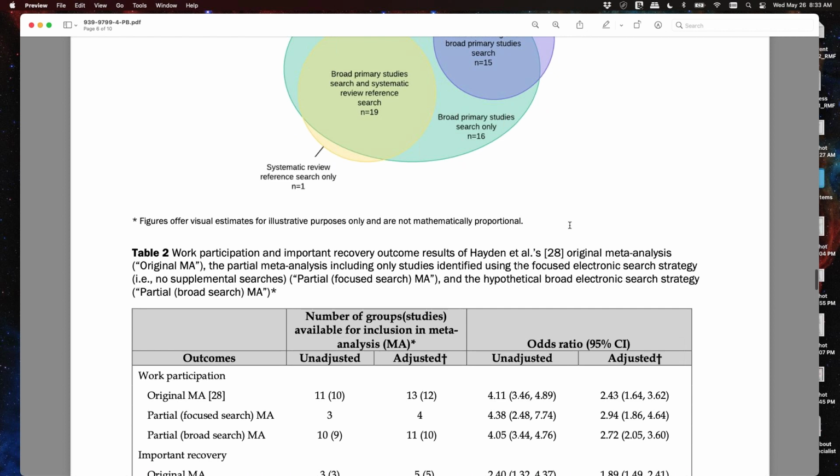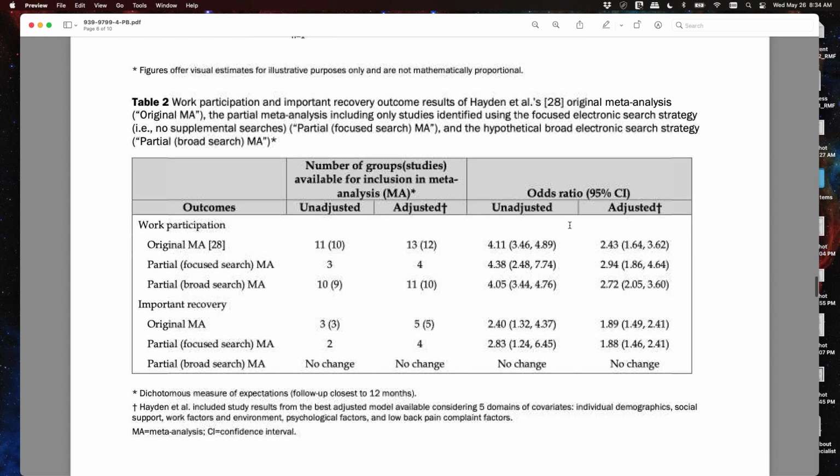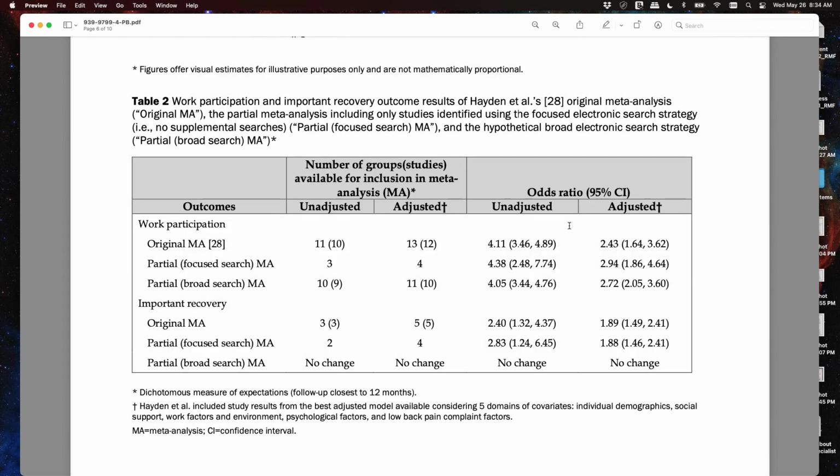So what they also wanted to test was whether it would affect the meta-analysis if the studies identified via the supplementary search methods would have been excluded. And they present this data in table 2. And what you can see, and the authors think this is due to the fact that the effect is quite stable. So in this review topic, the effect is relatively prominent and stable.